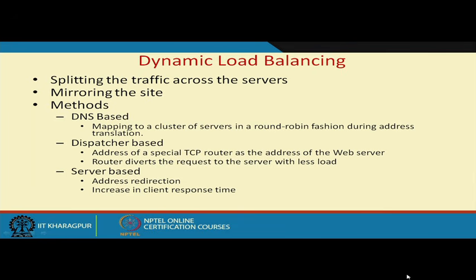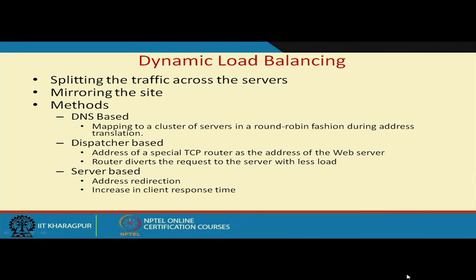So, with the same web address, let us say xyz.com, multiple such IP addresses will be there. Therefore, any request made to xyz.com can go to any one of these IP addresses, possibly in a round robin fashion, so that all the servers under the same domain name can share the load. So, this is called DNS based mapping.